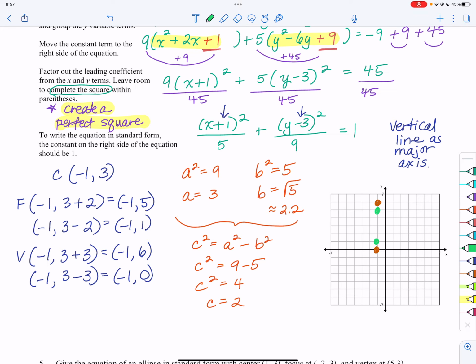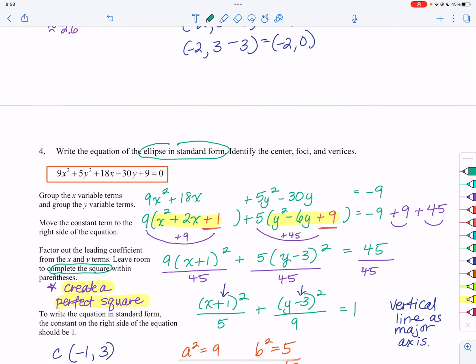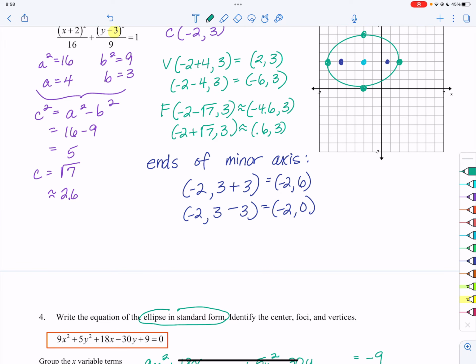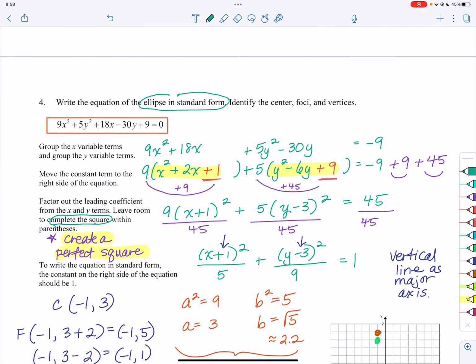And then how about the ends of our minor axis?